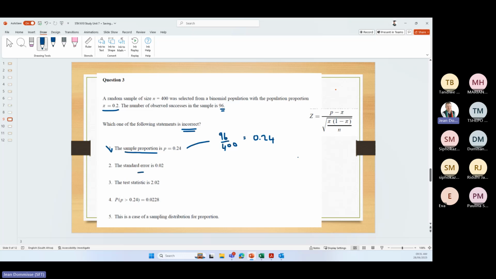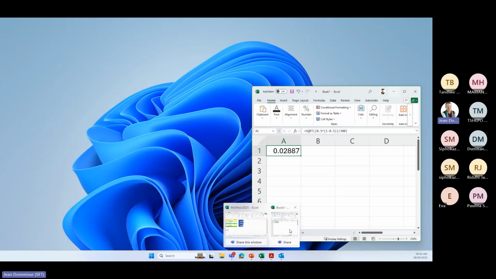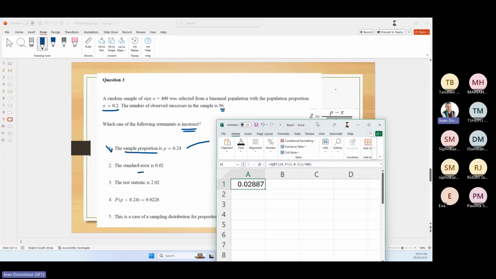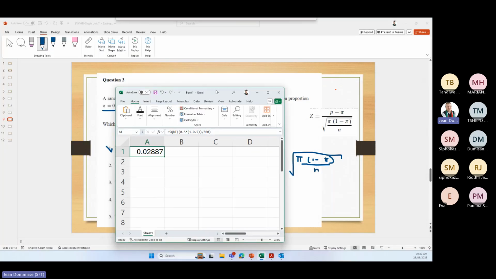Standard error. We'll need to work out using this formula. Okay, so there I'm going to go to this, and I'm just going to replace a bit.